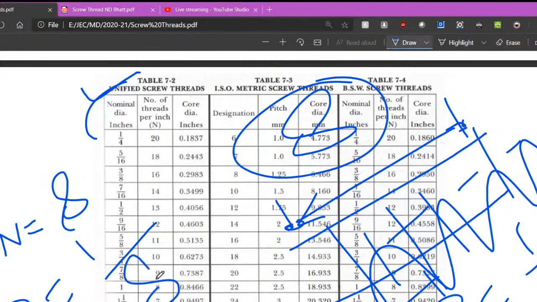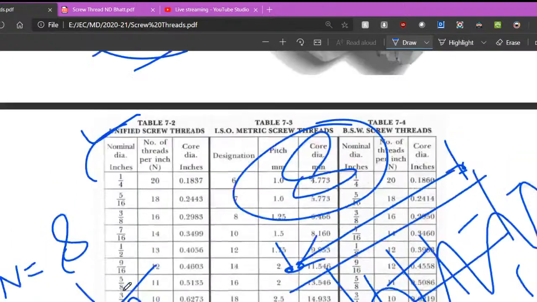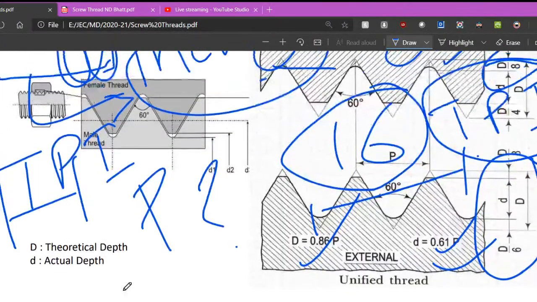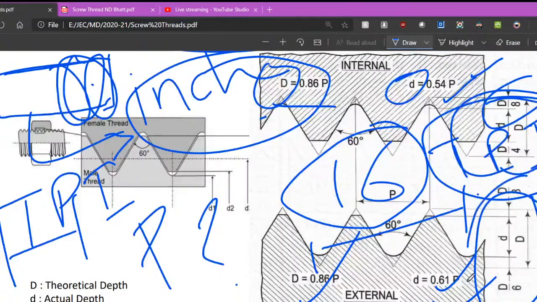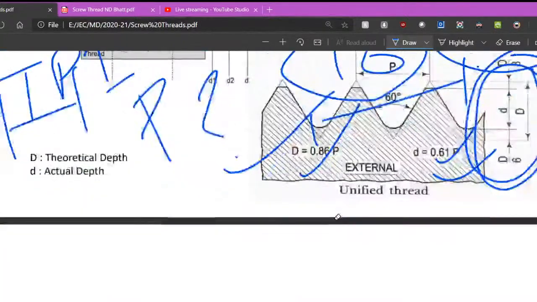That's how you calculate the pitch. And once you have the value of P, based on this you can calculate the various values, small d, capital D, by 8, D by 4. You can calculate all this data and make the form of thread.